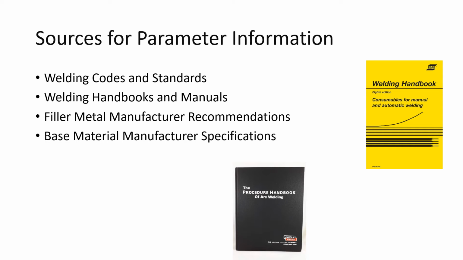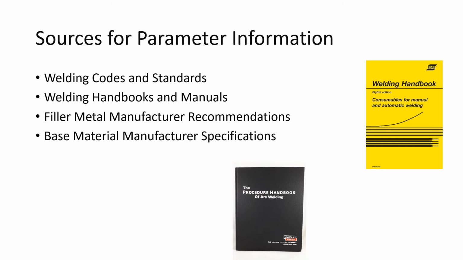Hey, where do I find my parameters that I'm going to give my welders to work with when they're welding this stuff together? Well, when you're putting together your pWPS, and even when you're writing your WPS later on, some of the books that I've used in the past are like the Procedure Handbook of Arc Welding. This is by Lincoln. And the Welding Handbook. This is by ESAB.